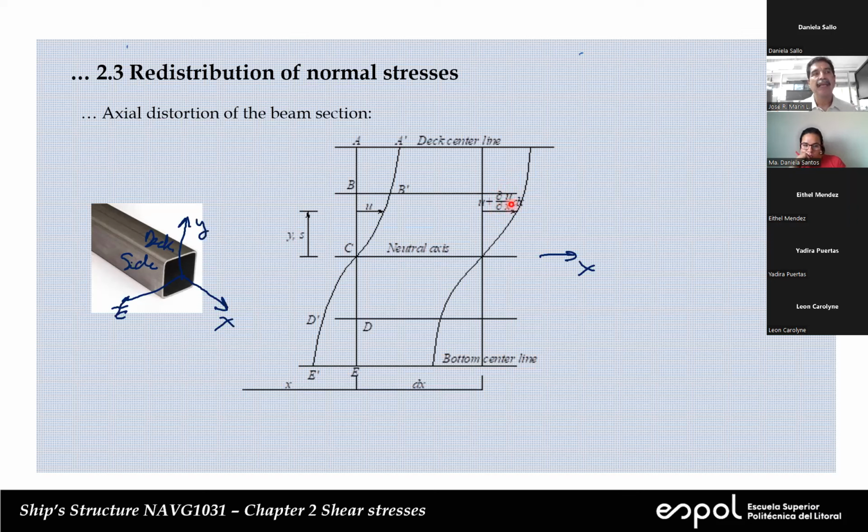If you multiply this by E, the Young modulus, what do you obtain? The normal stress, yes. And this is the title of this subchapter. So we have u, we are going to differentiate with respect to x, multiply by E, and this is what we obtain. Okay, so let's do it.